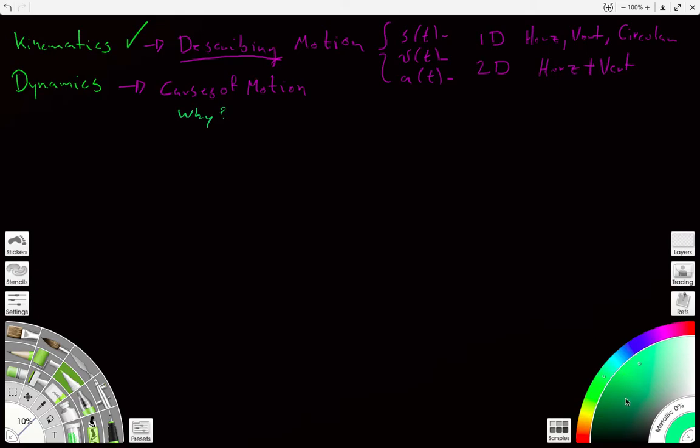Why is this thing moving? This is the main difference between kinematics and dynamics. Kinematics describes motion, and dynamics answers what causes motion. This has a lot to do with a concept that we'll look at in this video called forces.